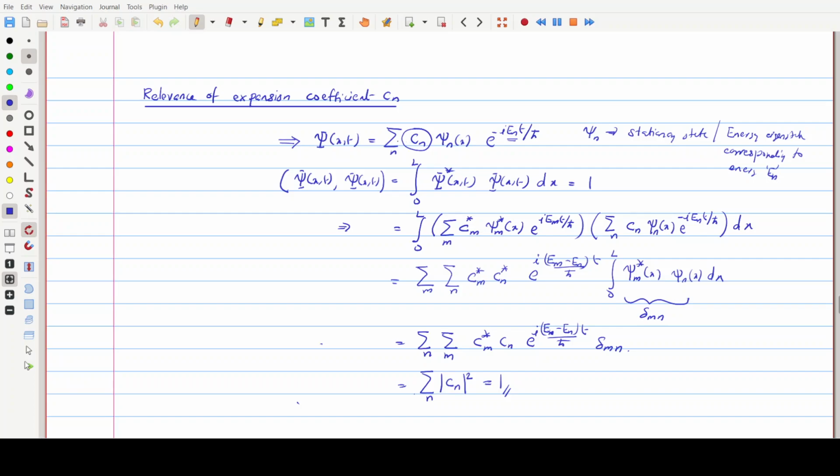Now first of all, we know that the norm of any wave function must be 1. So if you take the inner product of psi with itself, we should get 1. That means if you integrate psi star of x and psi of x from 0 to L. Here I am restricting the integration only between 0 to L, because the wave function is 0 before x equal to 0 and after x equal to L. So recall this is a problem of infinite square well.